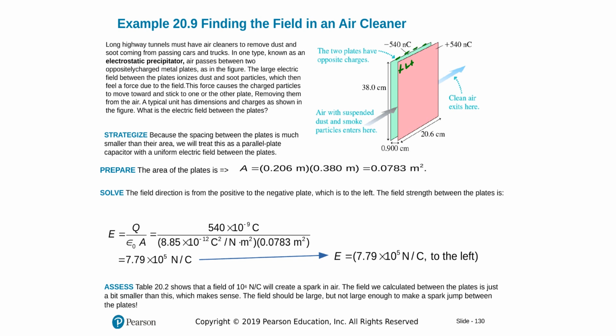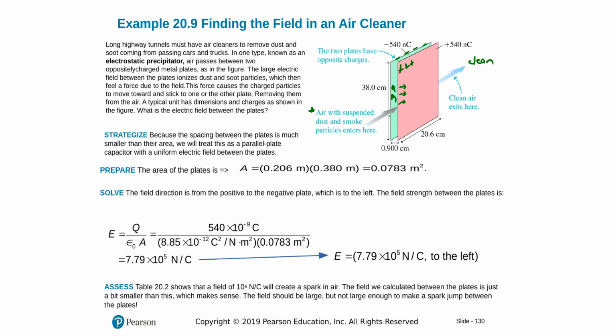And they charge the dust as the dusty air goes through. Negative charges would accumulate on this positive plate, right? Opposite charges attract, and positive charges would accumulate on this negative plate from the air. So we have dirty air going in and clean air coming out. How cool is that? That's our physics.